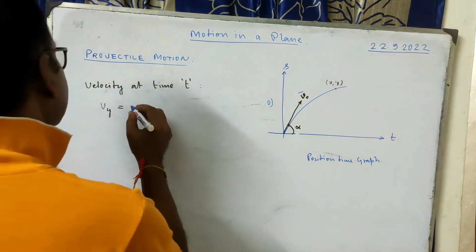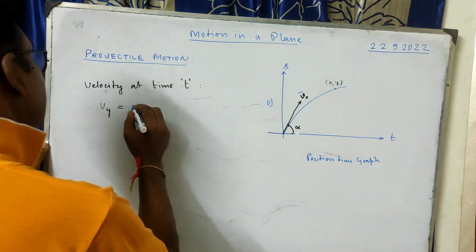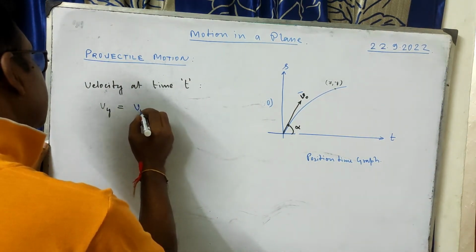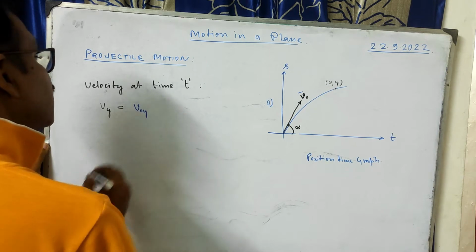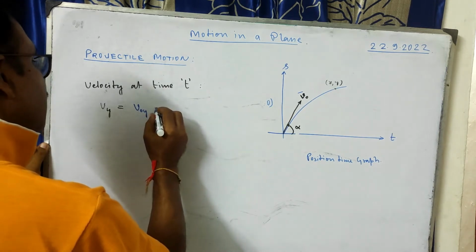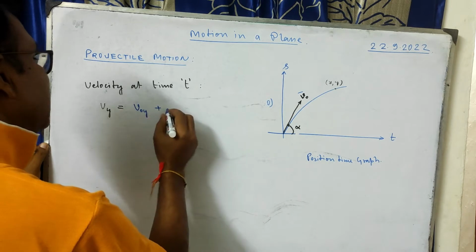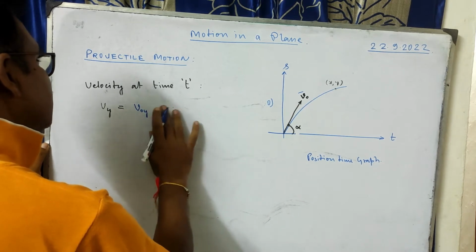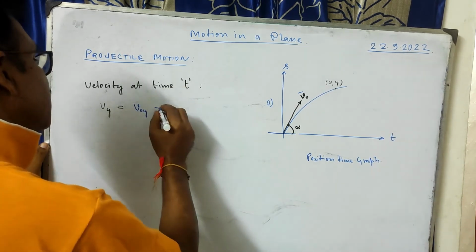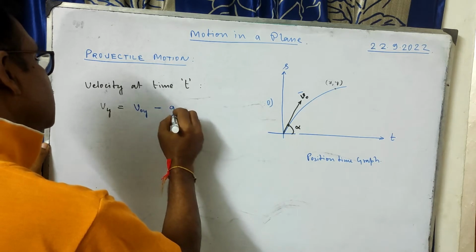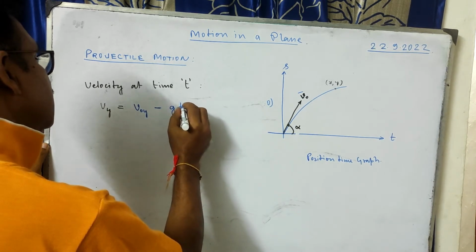So this will be the initial velocity, that is V0y, plus, v is equal to u plus at. A is g, but it will be minus because g is downward.